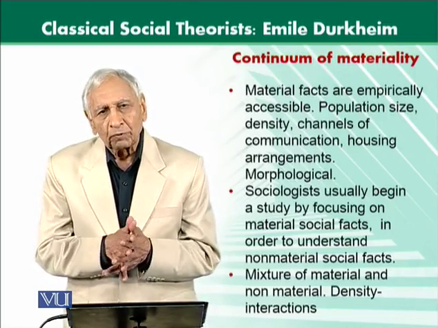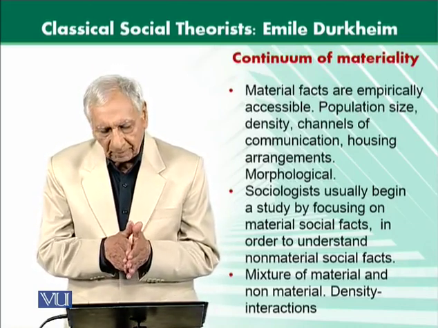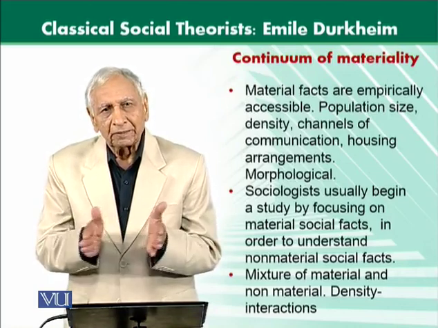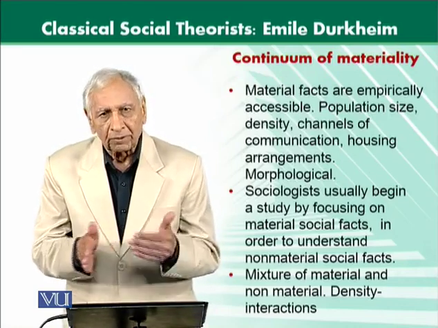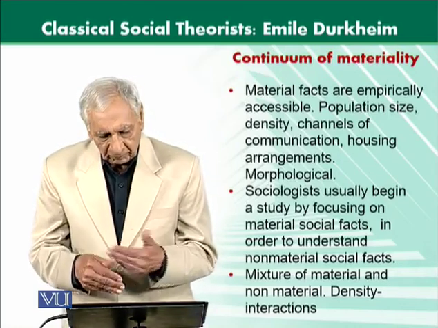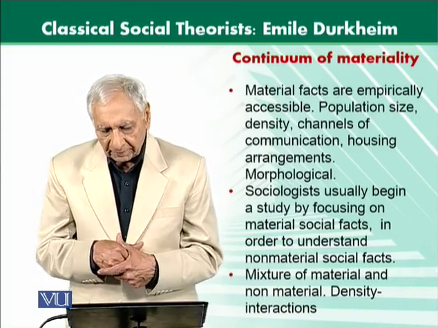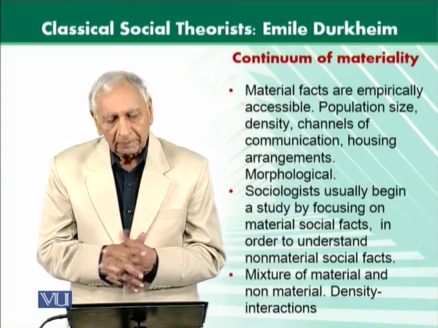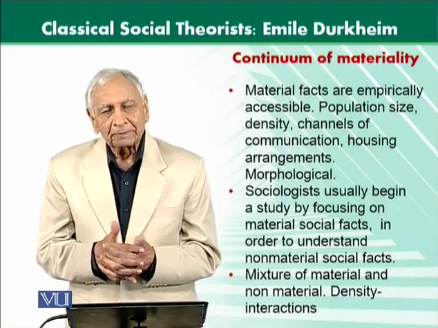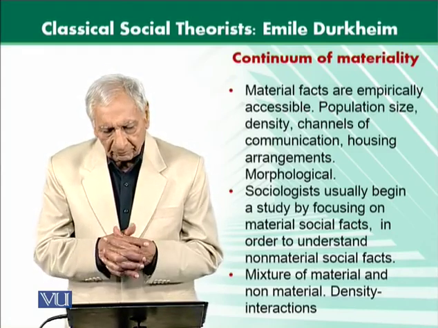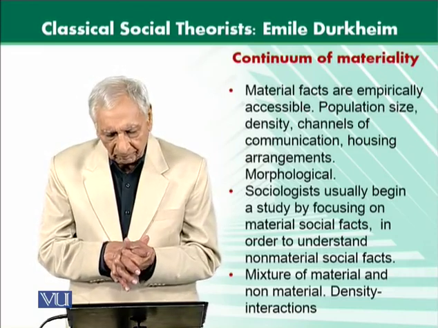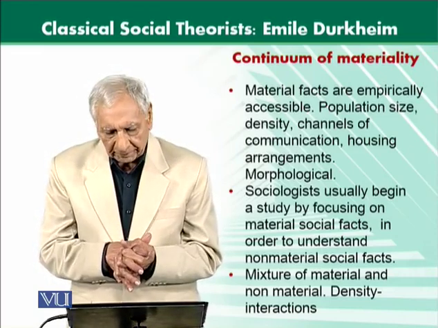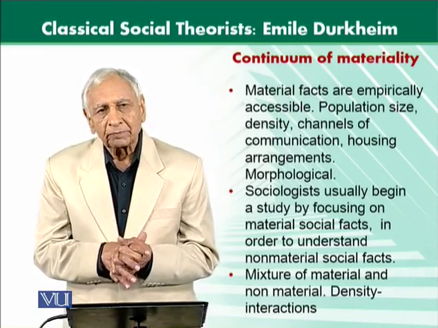Then he tried to put the materiality of the social facts on a continuum, where he said material facts are empirically accessible, just like population size, density of the population, channels of communication, housing arrangements.